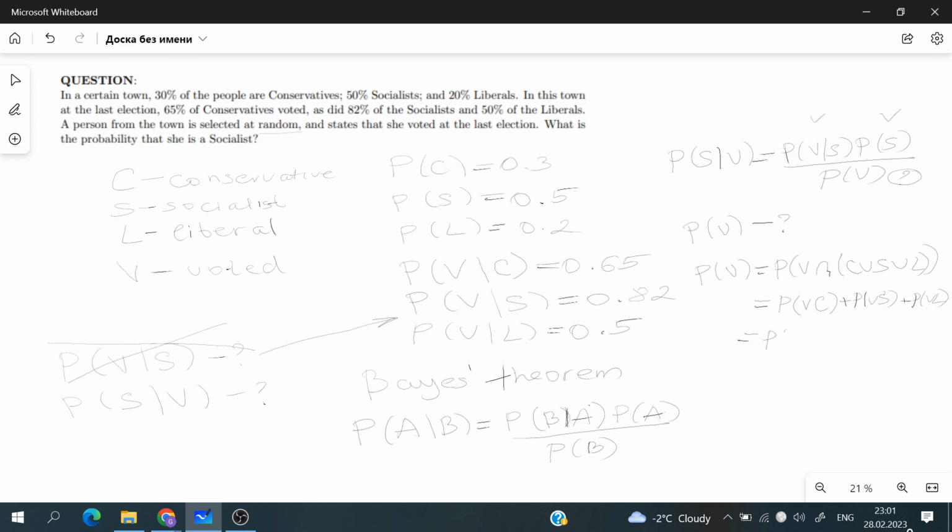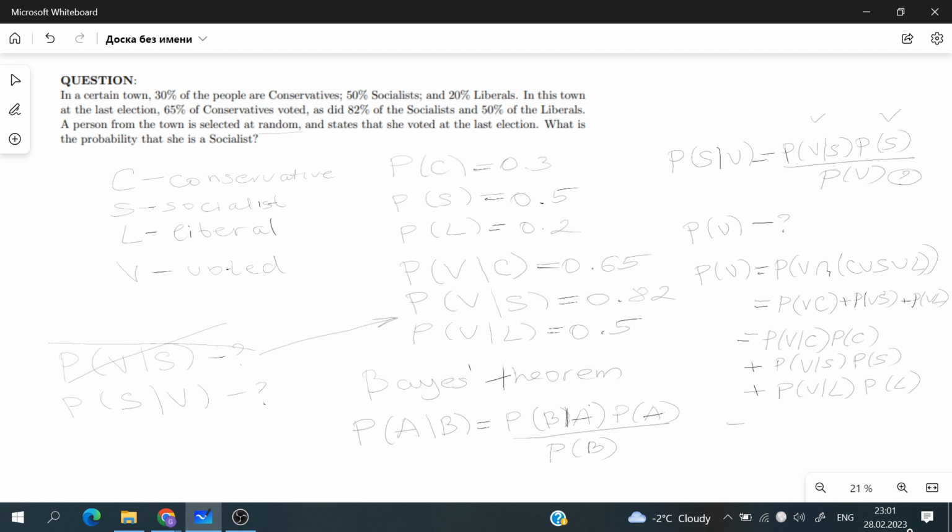This one equals probability of V given C times P of C, plus probability of V given S times probability of S, and plus probability of V given L times P of L. All this information is given, correct?